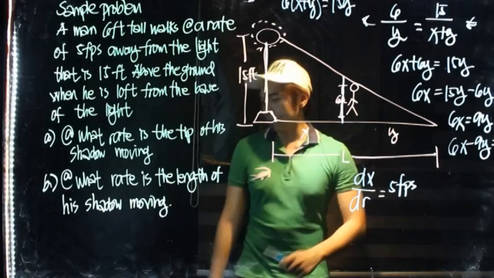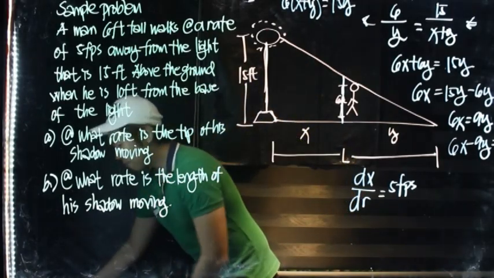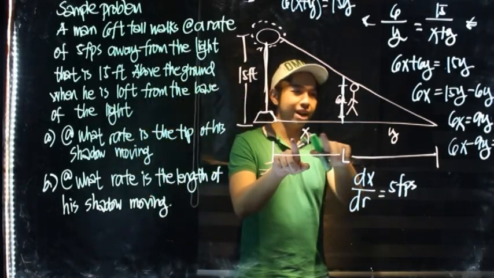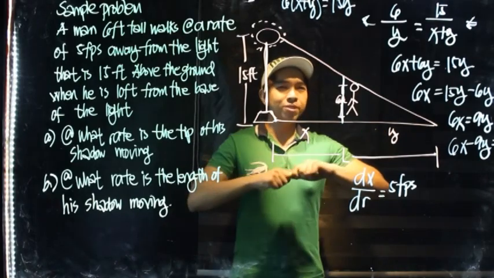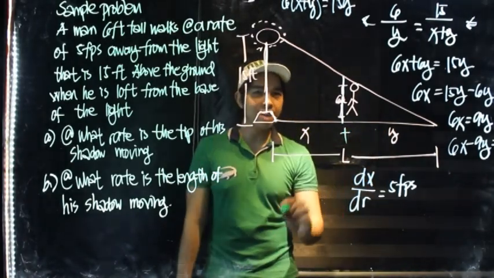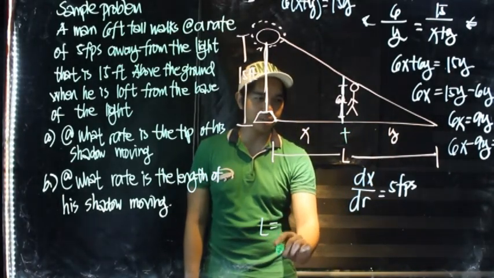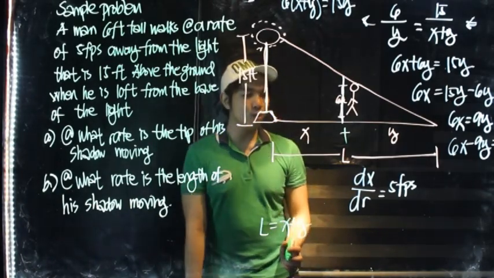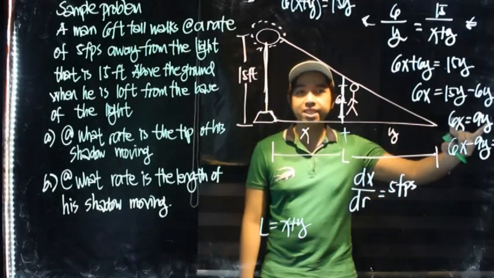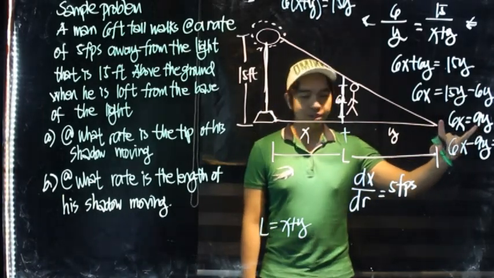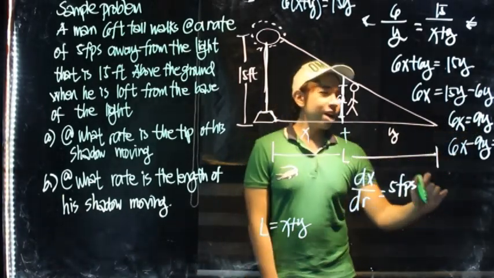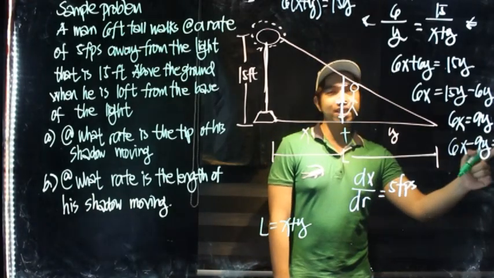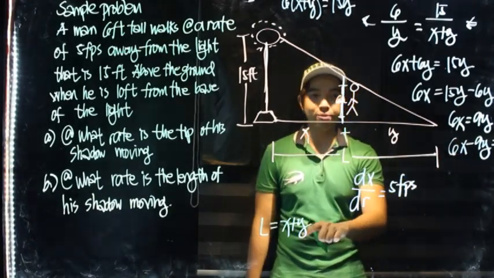We know that I've renamed this equation, x and y. If we add these two, we will have another equation such that the length is equal to x plus y. If we're going to utilize this relation, let's first try isolating the variable x, or removing y from this equation.